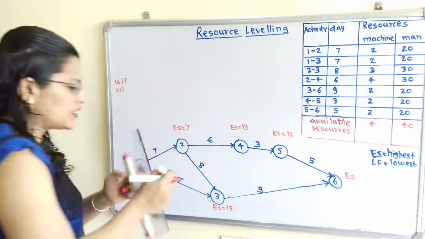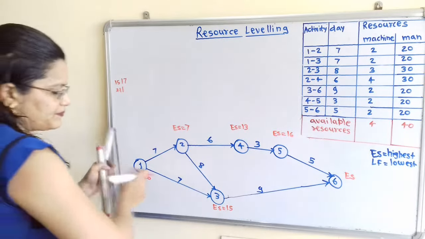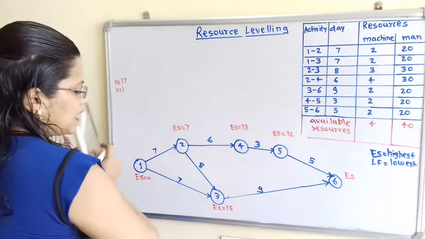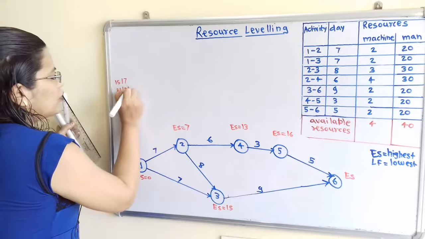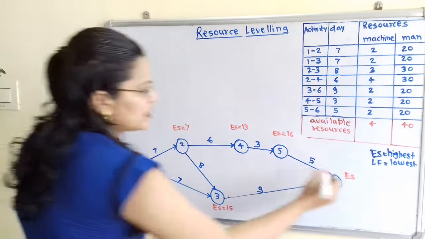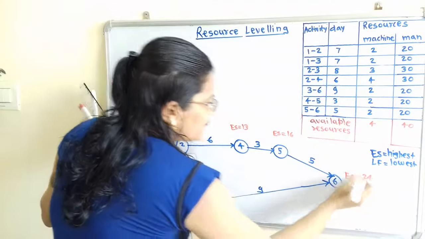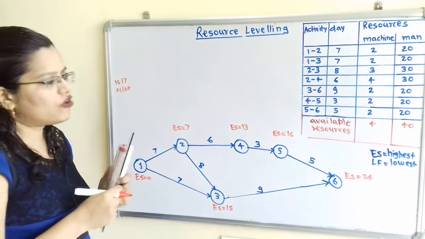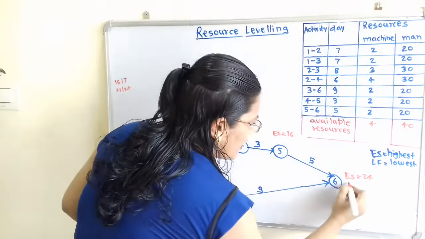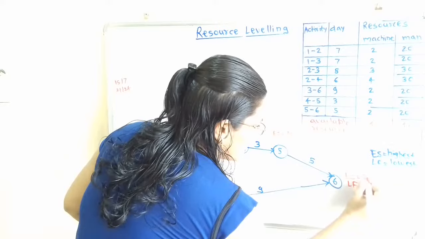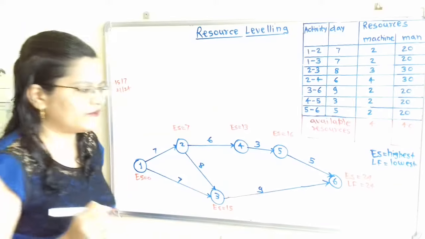So 15 plus 9 is equal to 24. We have to choose the highest value, that is 24. At the end node, the values of ES and LF are equal, so LF is also 24.